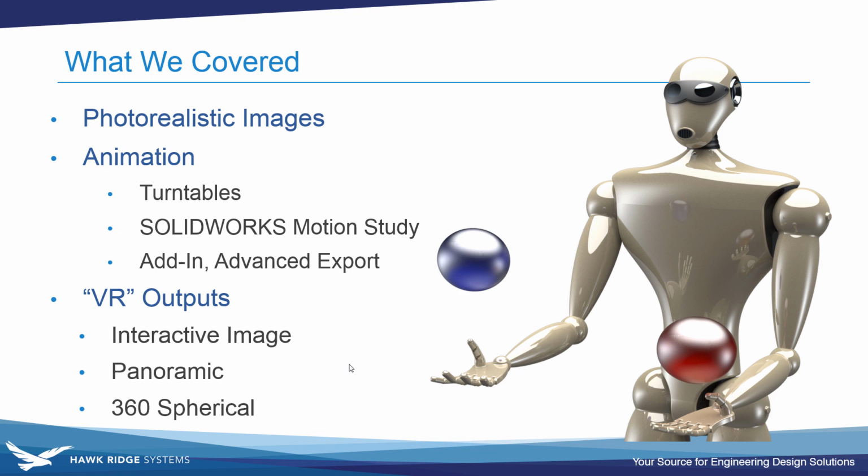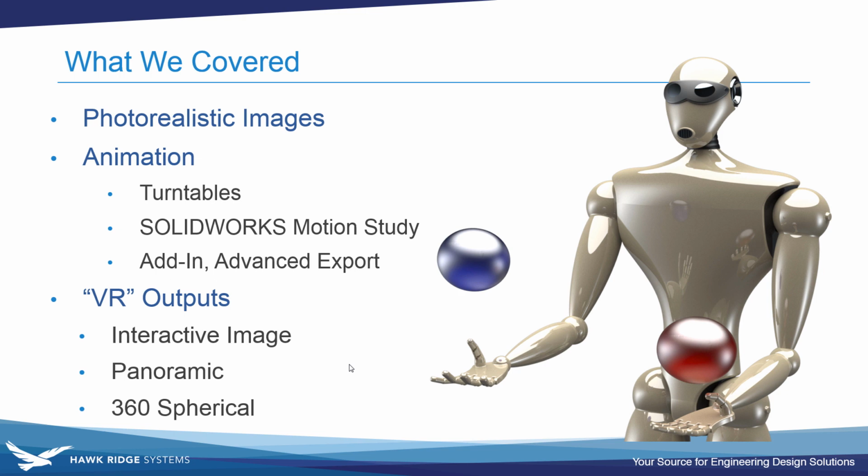Animations we looked at, basic turntable animation, and setting up a mate controller to export to a motion study, to use the add-in and export that out into Visualize to then create a rendered animation of a couple different things. The robot arm in the CNC work cell and that VR headset that I have modeled up there.